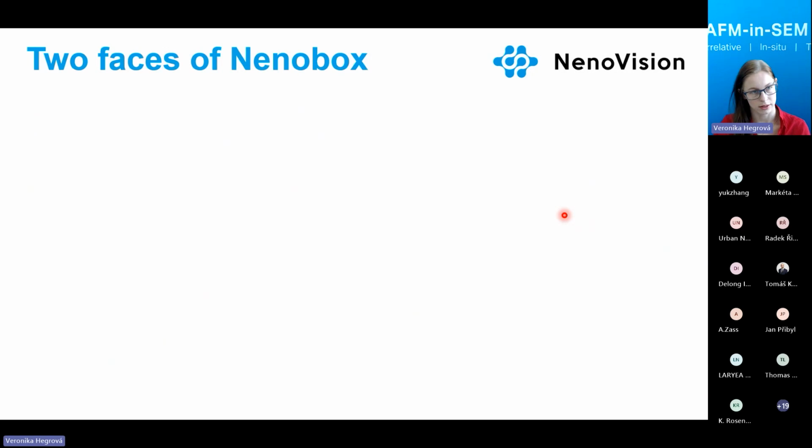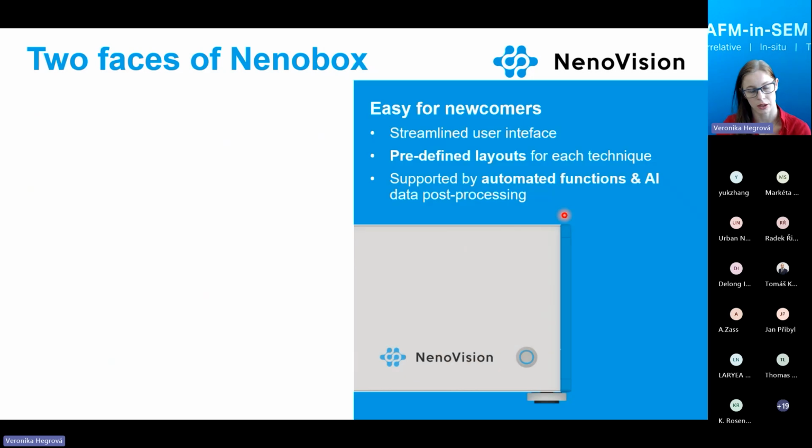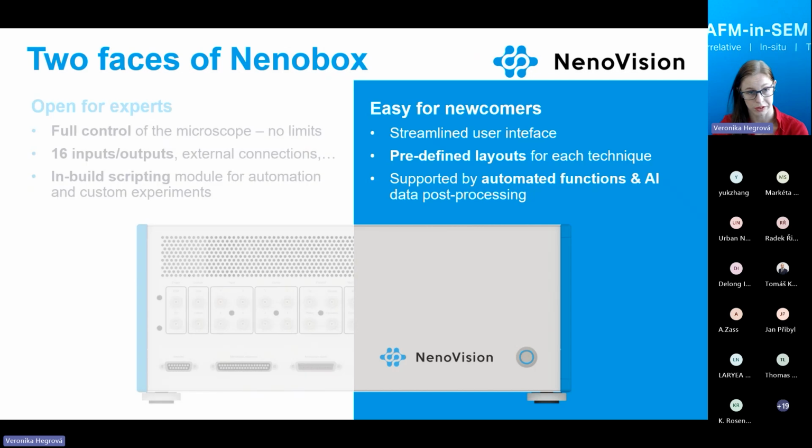So as I said, there are two phases of NanoBox control unit, or whole LiteScope package. One, it should be easy for newcomers. So it's a streamlined user interface. It has predefined layouts for each technique. And we have supported the automated functions and AI functionalities for the data post-processing.